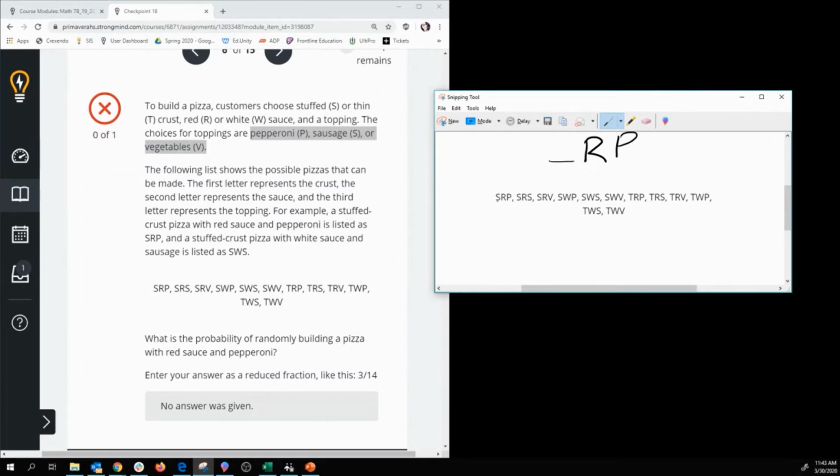So if I look, this very first option says R and P in the same exact order. So this is one that I want to include. And then none of these have R and P for the last two. This one does though, right? R and P. And if I keep going, that's it. So I only see two options here that have R and P. Do you guys agree?